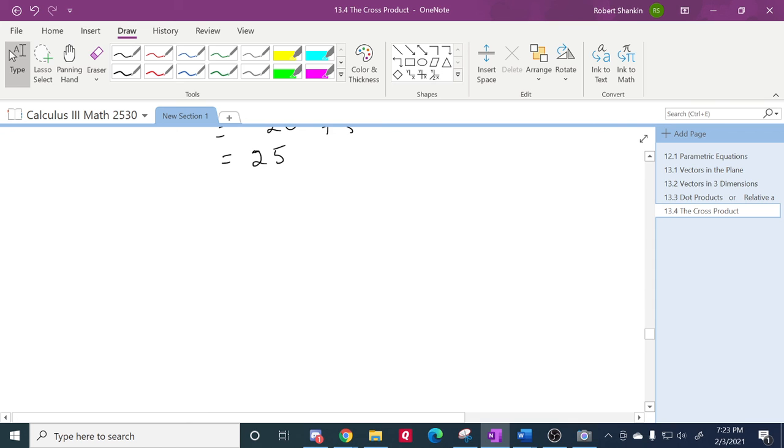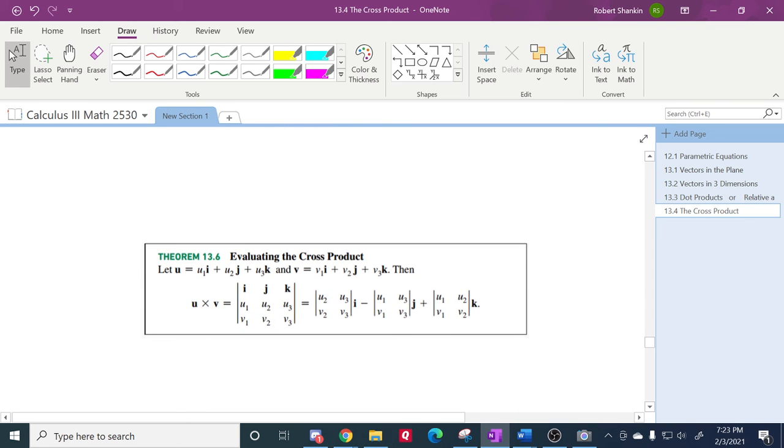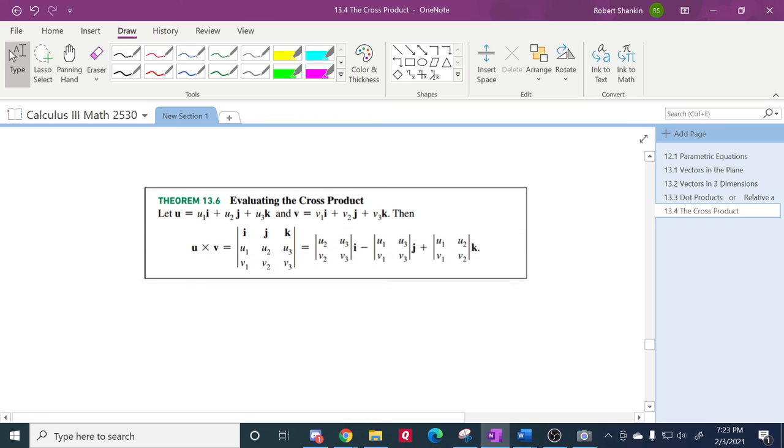So, the way that we do the cross product, the shortcut. If we're evaluating the cross product of U cross V, this is U written in terms of components I, J, and K, same with V. And notice, this is not really a valid determinant, because you can't mix up vectors.